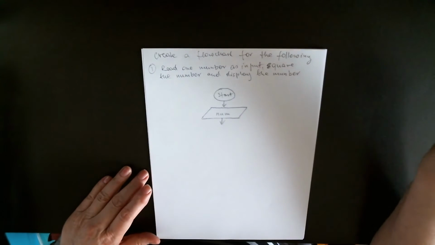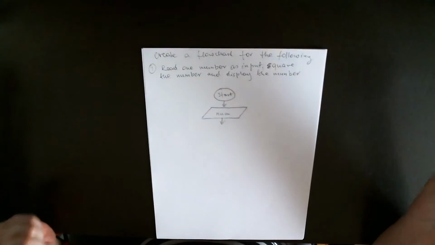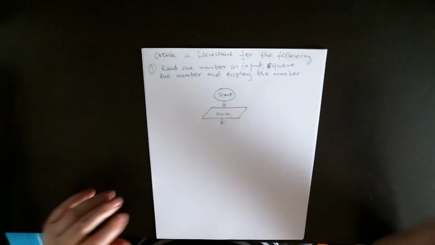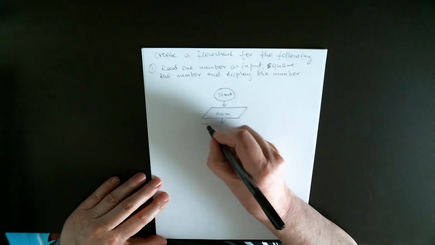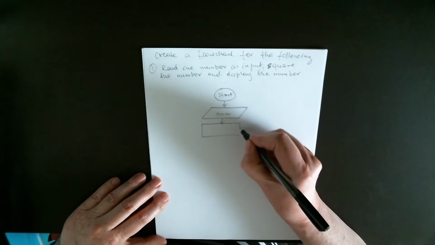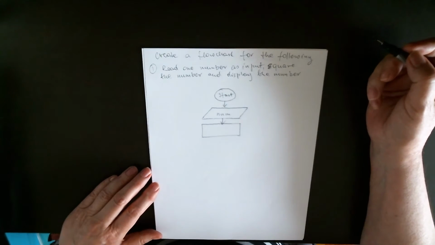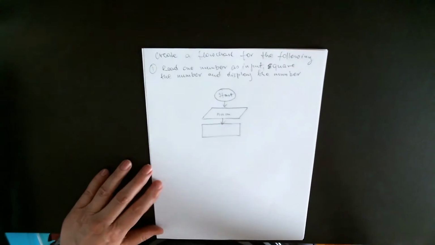So, to get the answer, we have to have an action. We actually have to calculate it. What's the shape for action? A rectangle. So here it is, our rectangle. And we have to tell the computer how we are going to calculate our answer.